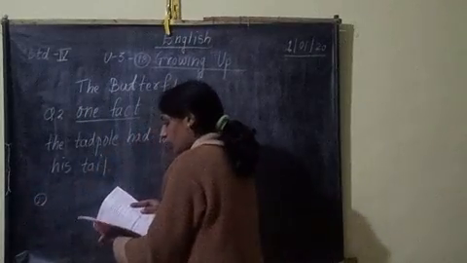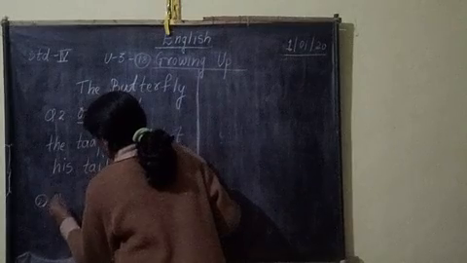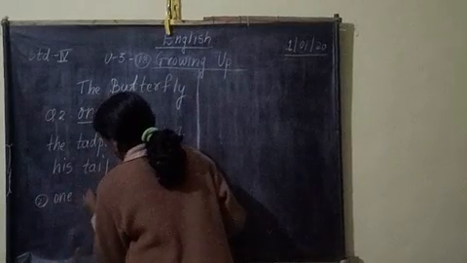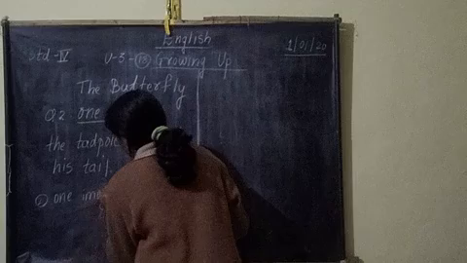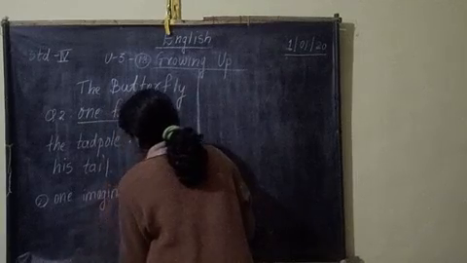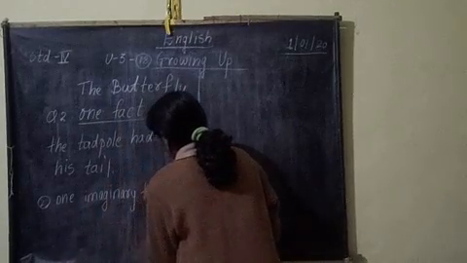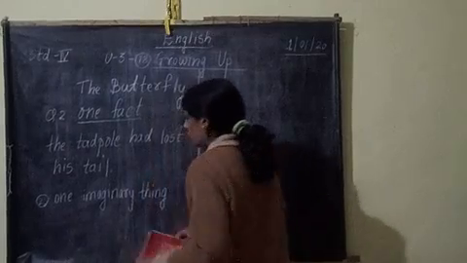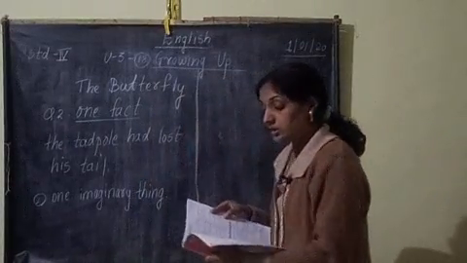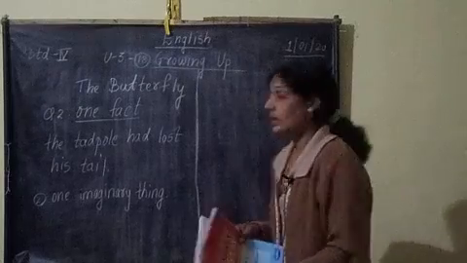Second one, imaginary thing. One imaginary thing is what? The frog was weeping and wailing.